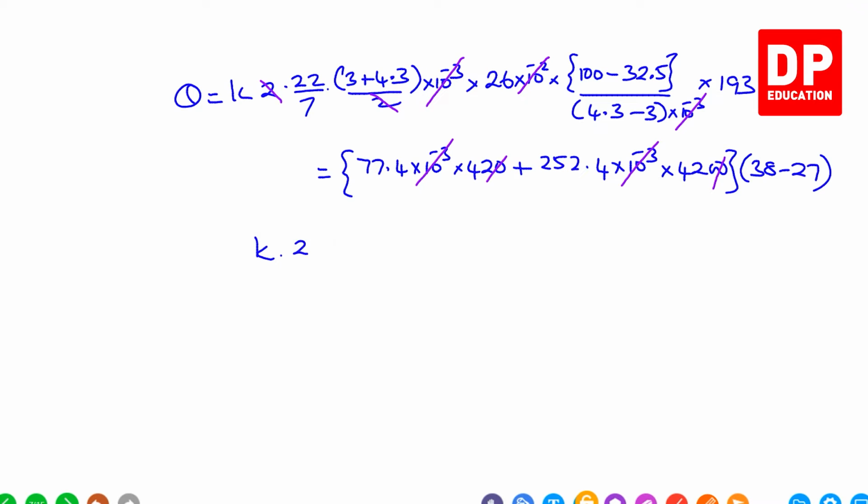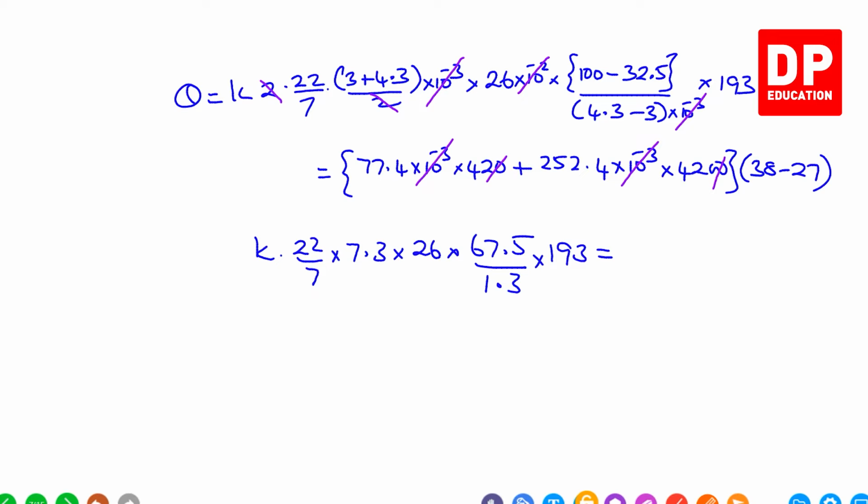K equals 22 by 7, 7.3, 26, 67.5 over 1.3 into 193. Look at this.